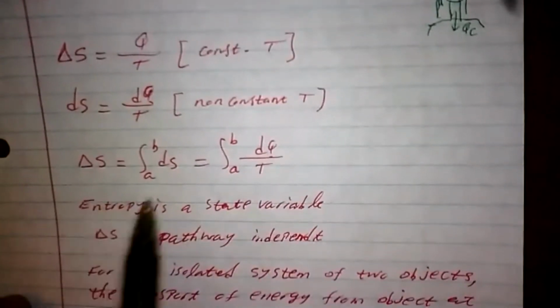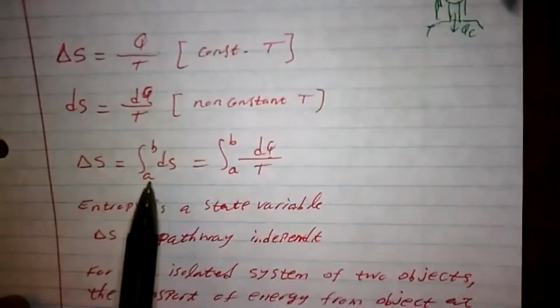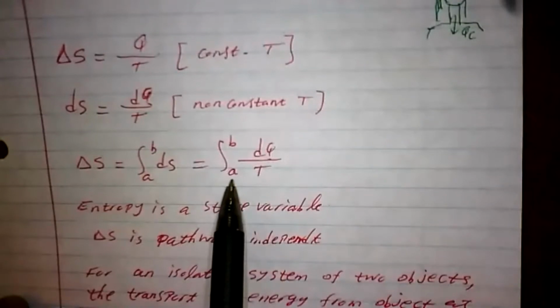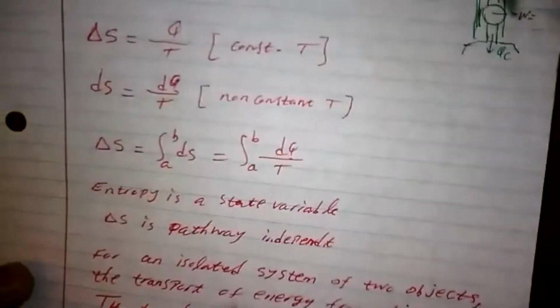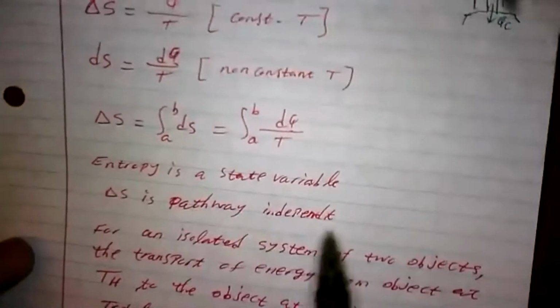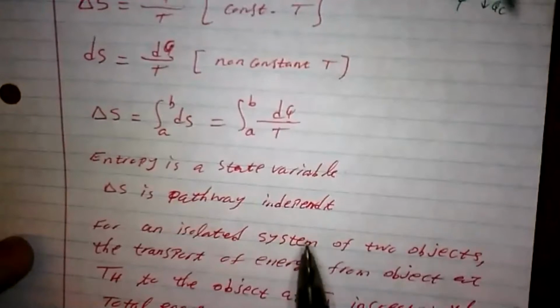So delta S is the integral of dS from A to B, the limits of integration, and then we substitute dQ over T for dS. What this is saying is that entropy is a state variable. Delta S is pathway independent.